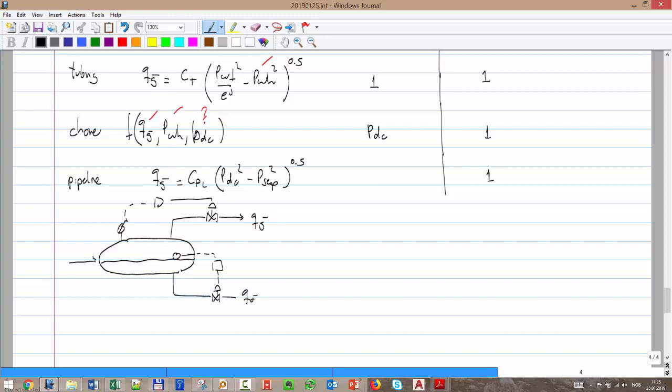So the separator, due to these two control systems, always keeps the pressure constant.